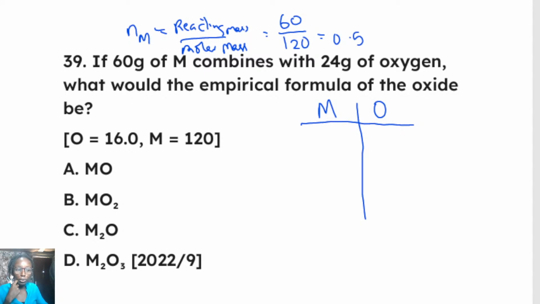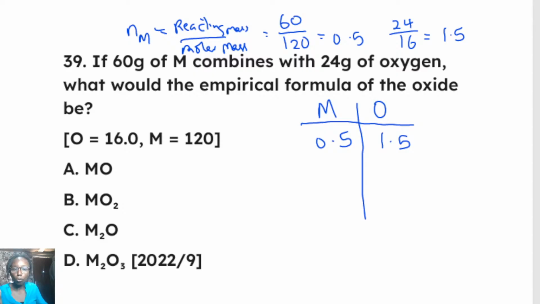Meanwhile, the number of moles for oxygen is 24 divided by 16, and we're going to have 1.5. So obviously, you should know that your reacting mass for M here, we're using 120. So that's why we have 0.5. So we can now put in our 0.5 and 1.5.